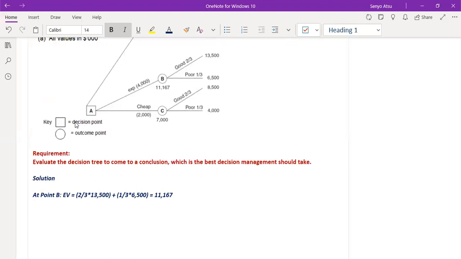But if you do a cheaper refurbishment at point C, the long run average, which we call expected value, your guess is as right as mine. I'll repeat the process, is 2/3 of 8.5 plus 1/3 of 4,000, giving me average of 7,000.